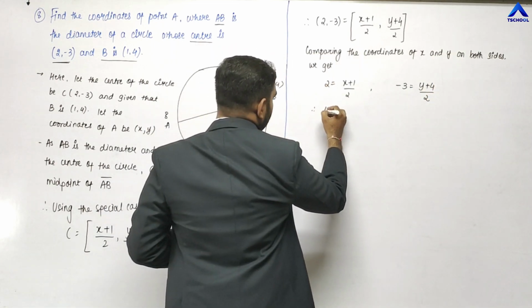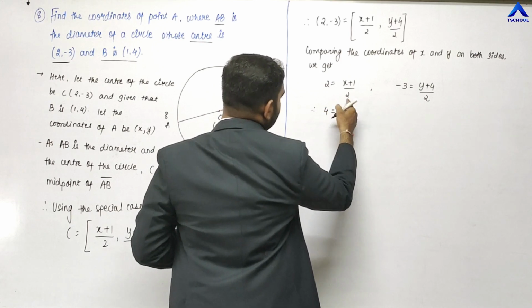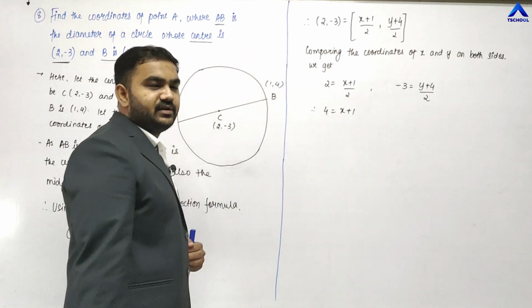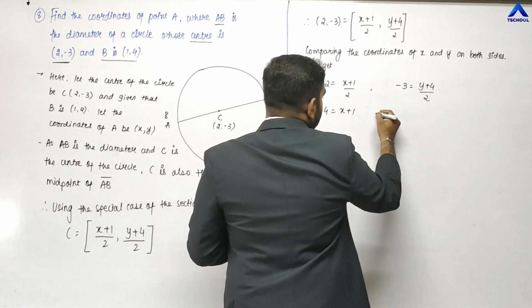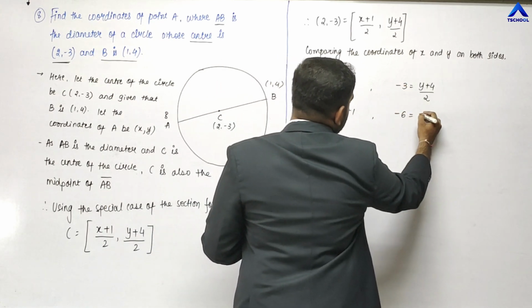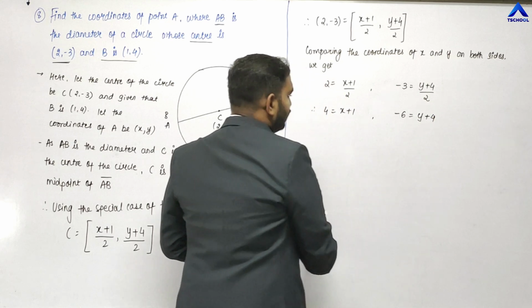Therefore 4 is equal to x plus 1. This 2 will be multiplied on the other side. Here also this 2 will be multiplied. That means -6 is equal to y plus 4.